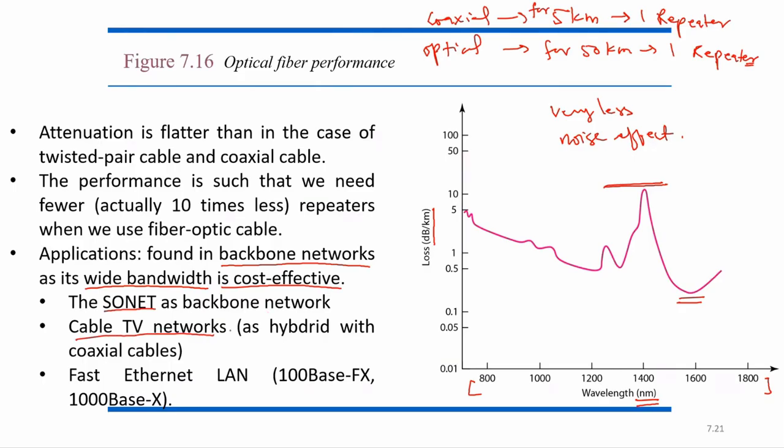In cable TV networks, it is used as a hybrid network in coordination with the coaxial cable. Both the coaxial cable and the optical fiber are used together. Optical fibers are also used for fast Ethernet lines. 100Base-FX and 1000Base-X are categories of LAN cables.